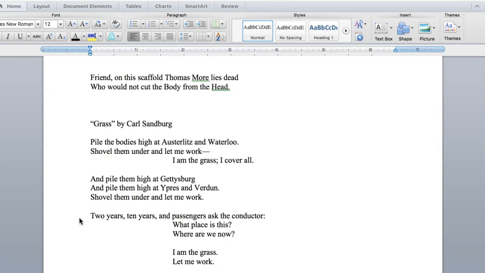I think the second interpretation is more likely. One reason for that is the repetition, not just the lining up of different battles over time, but the repetition of lines in the poem, pile them high and pile them high. So we get this sense, again, of the repeated cost of war.